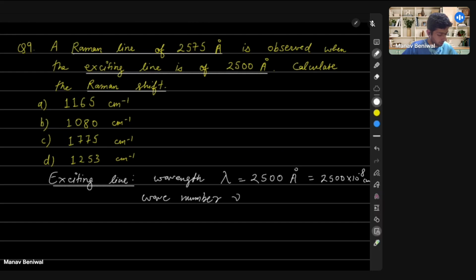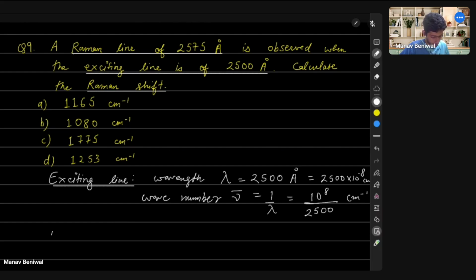Wave number, nu bar, is 1 by lambda, or simply 10 to the power 8 divided by 2500 per centimeter. Okay, let's leave it for now.